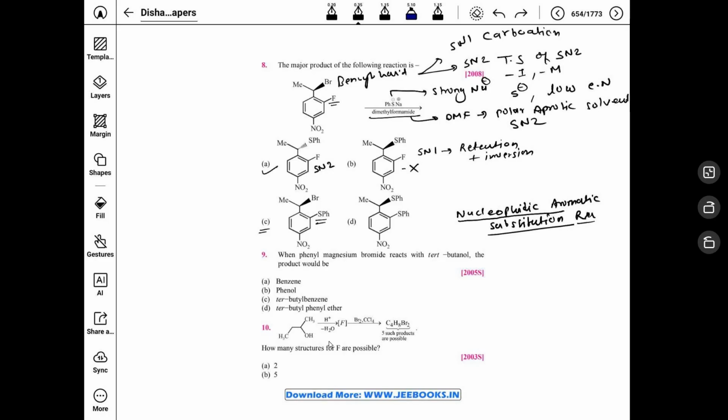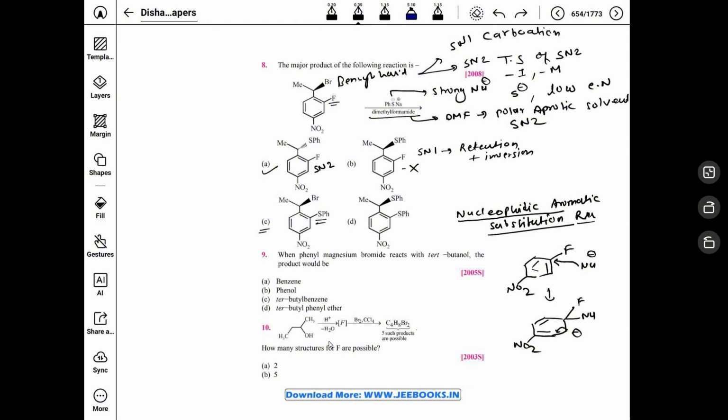So let's understand. Actually, fluoro could be replaced if nitro was at the para position. In this case, if the nucleophile attacks, then negative charge comes in the ring, and this negative charge can be stabilized by the nitro group through resonance.